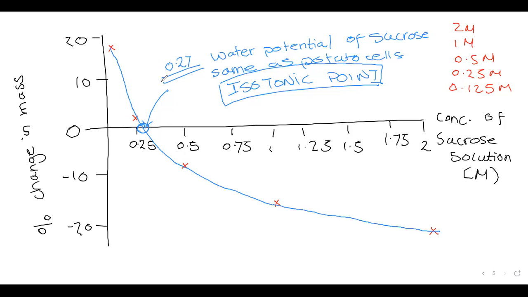The point at which the curve crosses the x-axis, where the percentage change in mass is 0, is the point at which the water potential of the sucrose solution is exactly the same as the water potential of the potato cells.